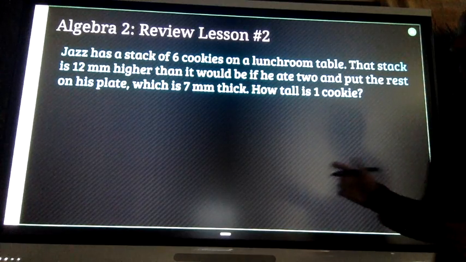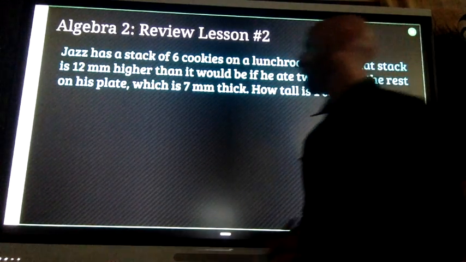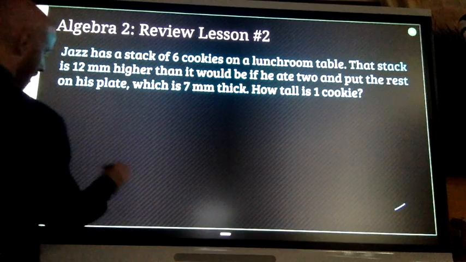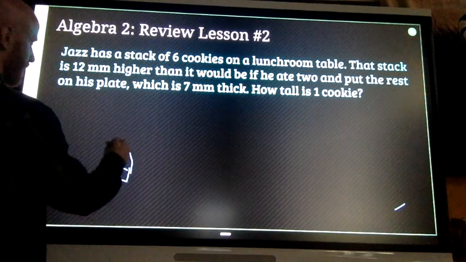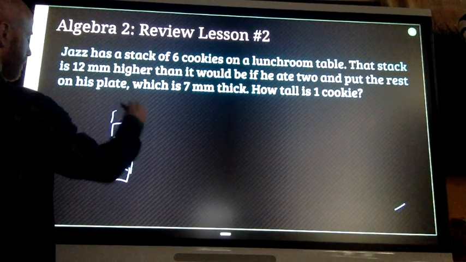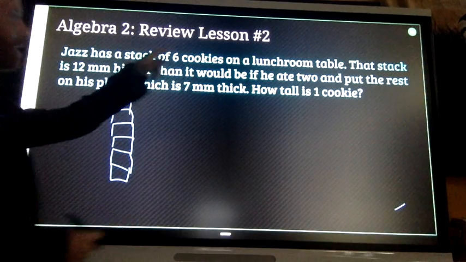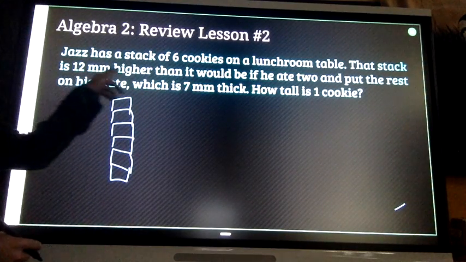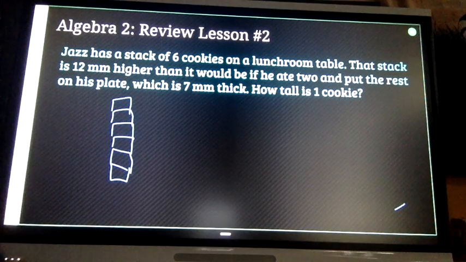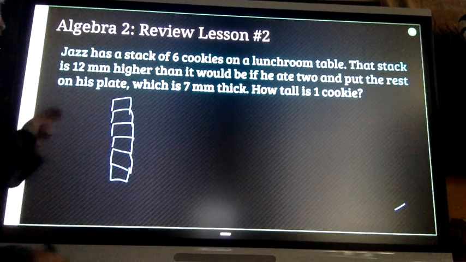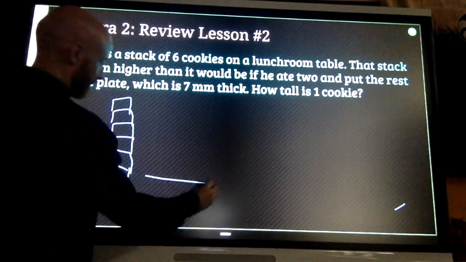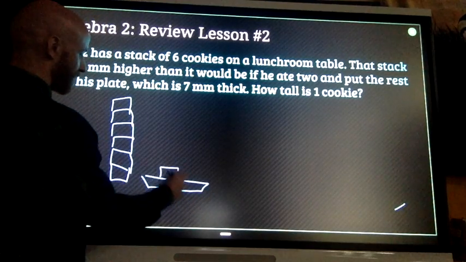All right, so let me draw a picture. Jazz has a stack of 6 cookies. Get a feel for this situation. That stack is 12 millimeters higher than it would be if he ate 2 and put the rest on his plate. So ate 2, put the rest on his plate.